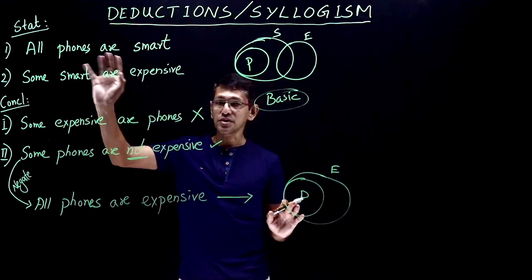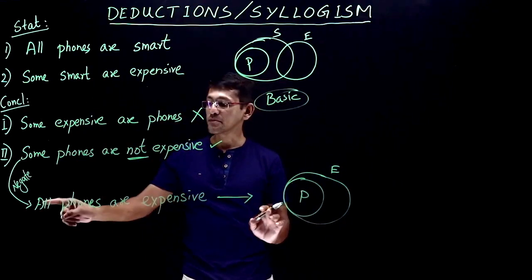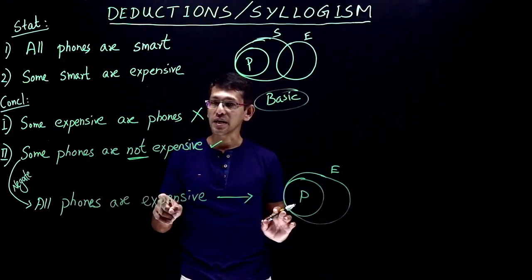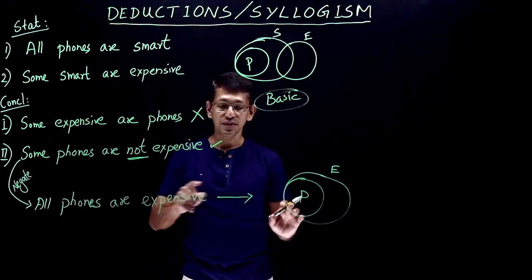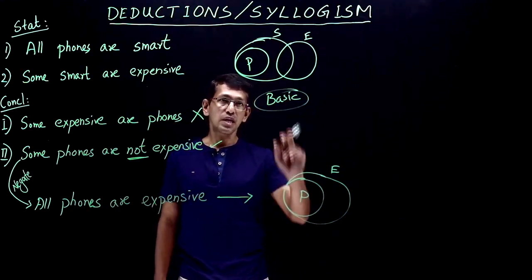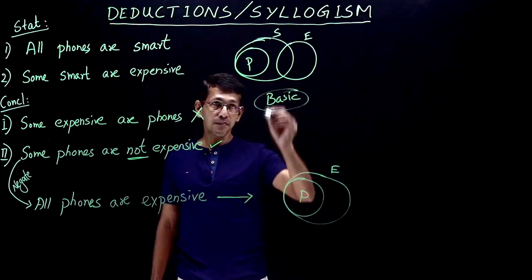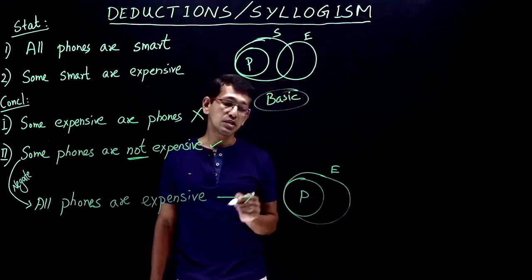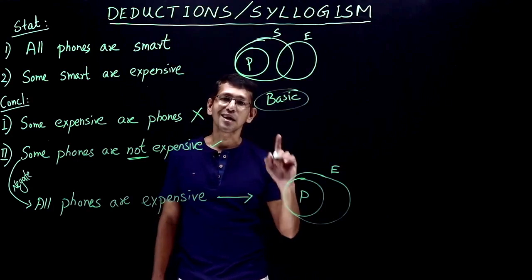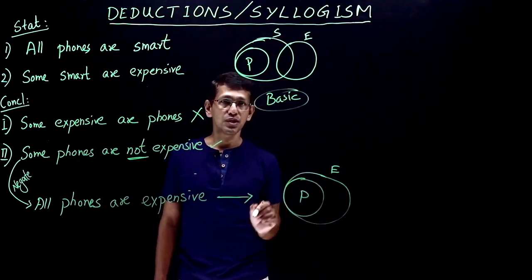In the beginning, from the statements, we know that we have 3 terms. Right now, we have only 2 terms. So look at smart. Smart has a connection with expensive and phones as well.